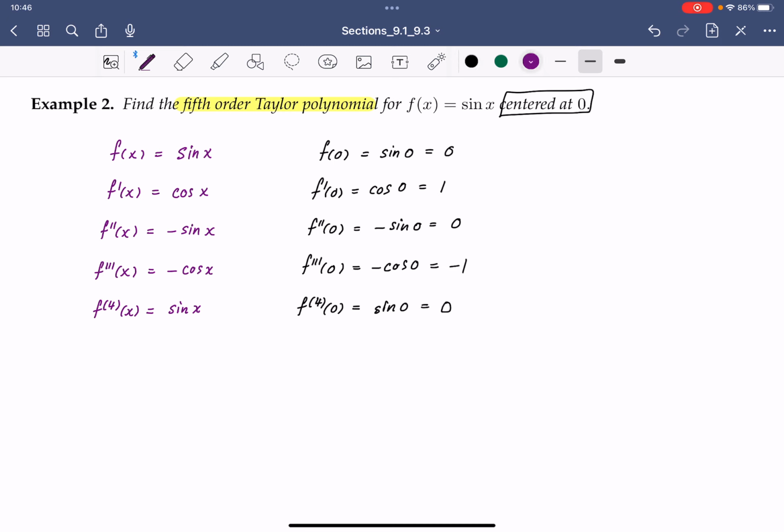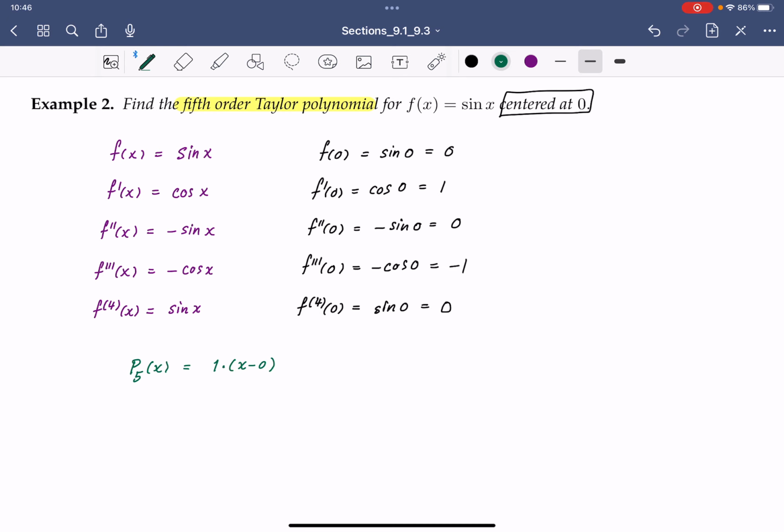When you form the Taylor polynomial of degree 5, P5(x), what does it look like? So the first term is f(0), but that is 0, so it disappears. And then the second term is f prime 0, which is 1, and then you multiply (x minus 0), right?